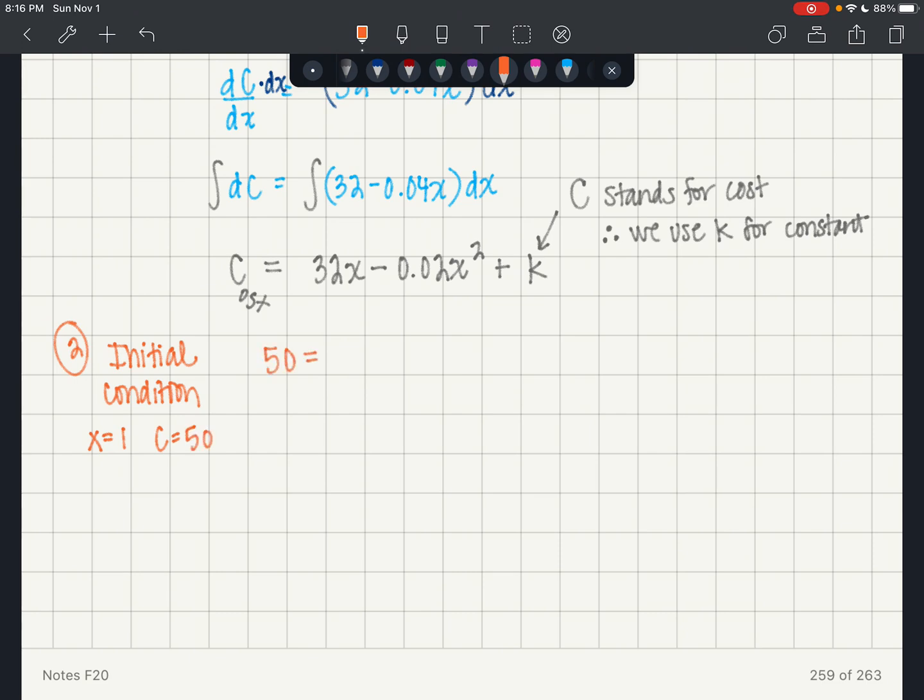So we put a 50 in for C, a 1 in for x, and now we have one parameter left that we need to figure out. We have 50 equals 32 minus 0.02 plus k. $32 minus 2 cents would be $31.98, right? When you're dealing with money, it makes a lot of sense.